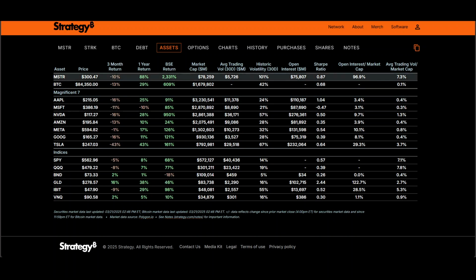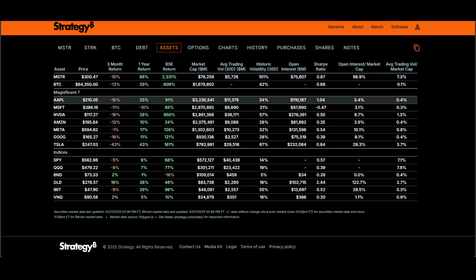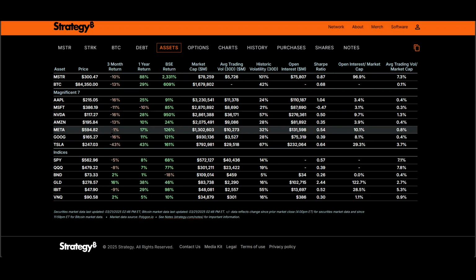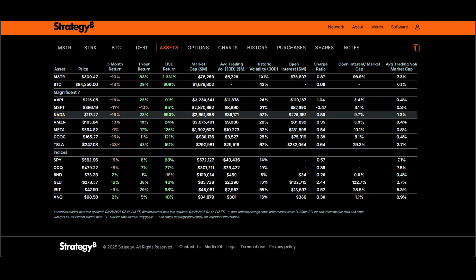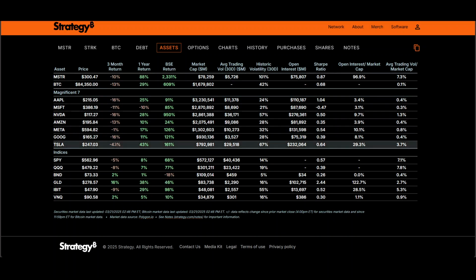Again, this could be inaccurate by maybe a couple of percentage points, but either way, it just shows you that these Magnificent 7 stocks have also been on the decline in the last 3 months. Meta is holding up the best at minus 1%, but MicroStrategy is doing better than Apple, Nvidia, Google, Tesla, and the 1-year return is obviously better than all the other assets as well.